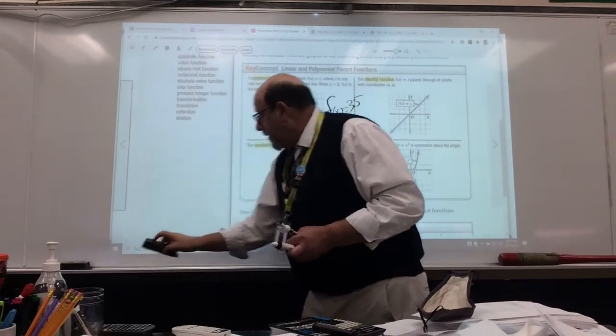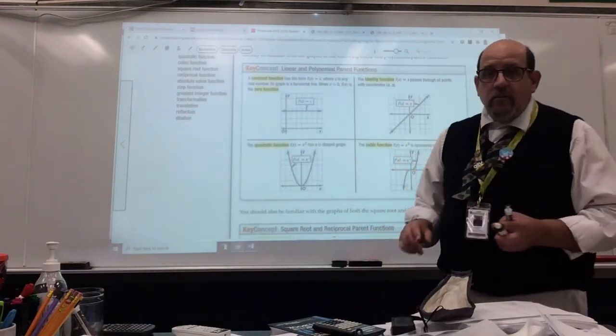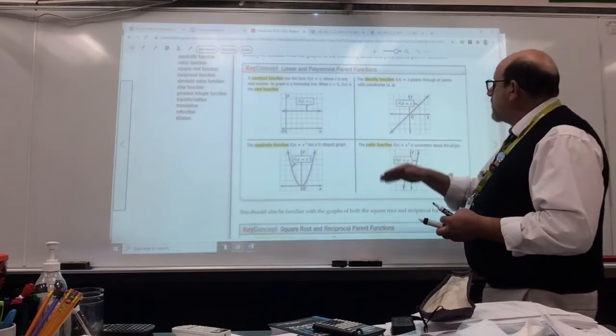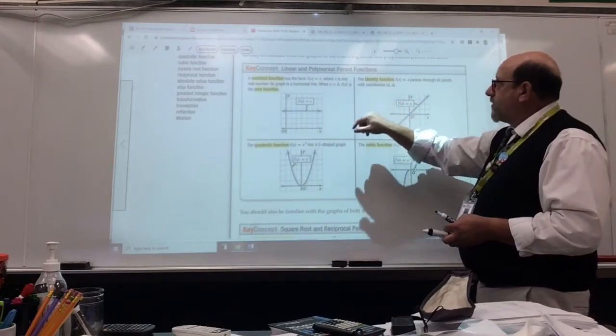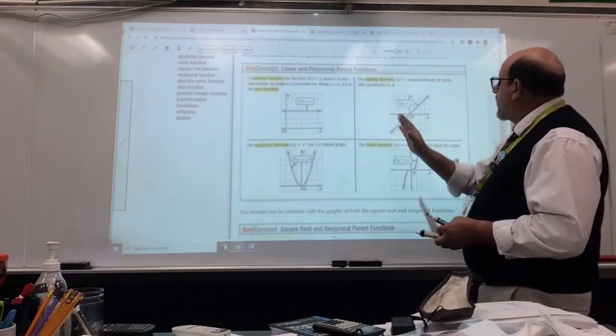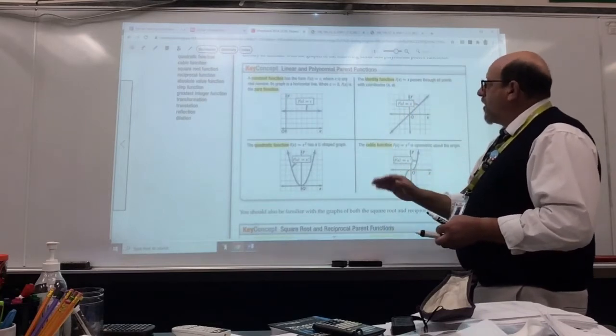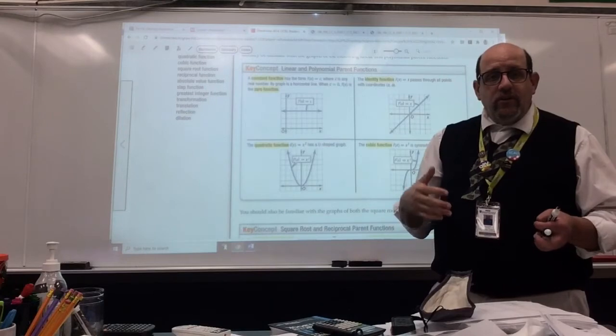The next one you've seen millions and millions of times. It's that identity function. We call it an identity function. The first one was a constant function. The second one is an identity function. This is our simple linear function, right?